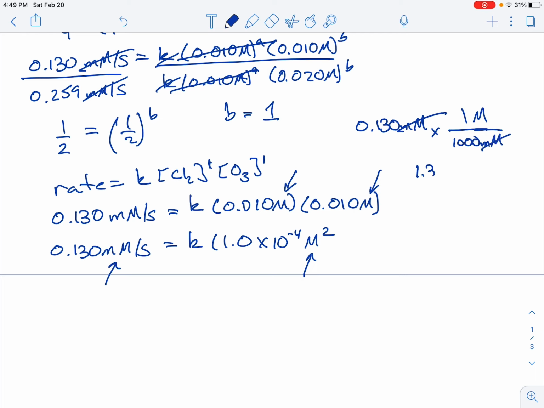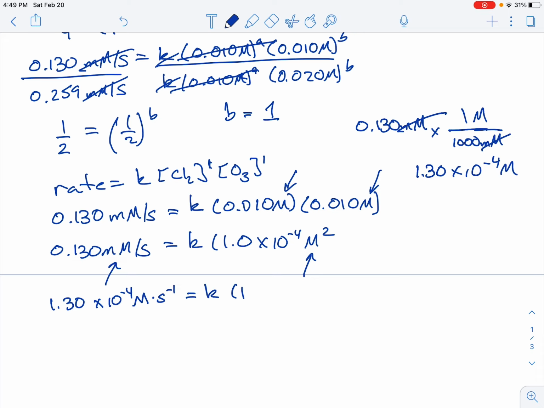And that comes out to be 1.30 times 10 to the minus 4 molar. Okay. So now back over here on my actual problem, 10 to the minus 4, that's molar per second. I'm going to bring that per second up to the numerator and make that seconds to the minus 1. We've done that a number of times, but the sooner you get comfortable with that, the easier this makes it.